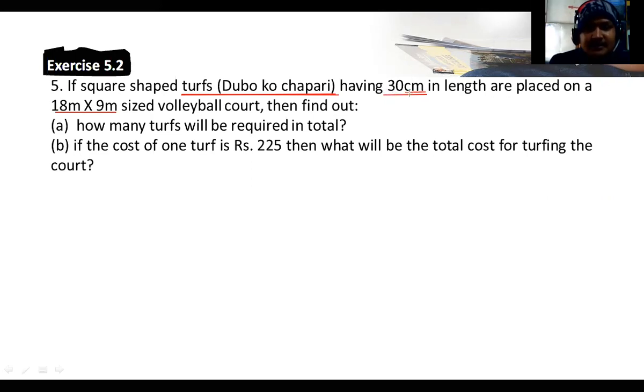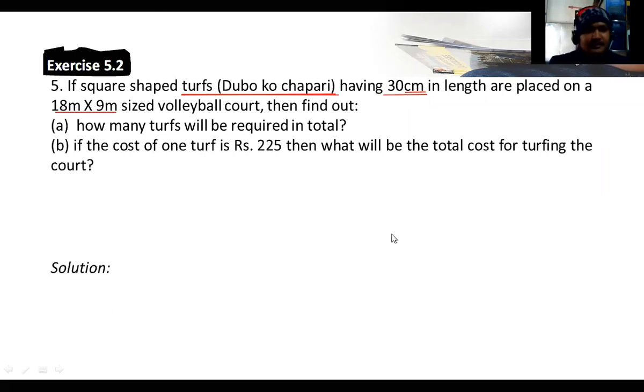So after converting centimeter into meter, find out the area of top, find out the area of volleyball court, and divide the area of volleyball court by the area of top to find the number of tops required, or number of tiles or stones required to pave the ground. Always the process is total area divided by the area of each tile or top or stone.